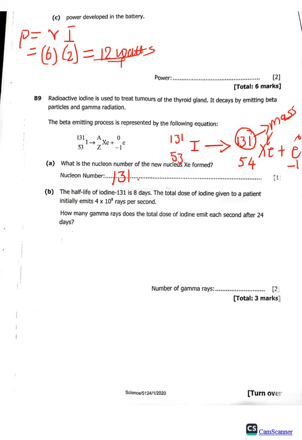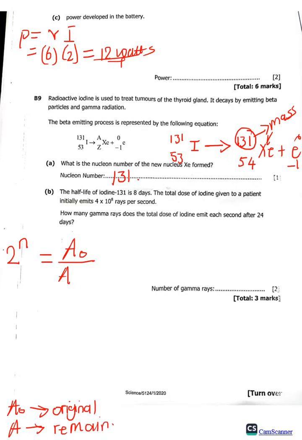So we are trying to find how many remain. The formula is 2 raised to the power n is equal to A0 over A. This A0 represents the original dose, divided by this A, the remaining dose.